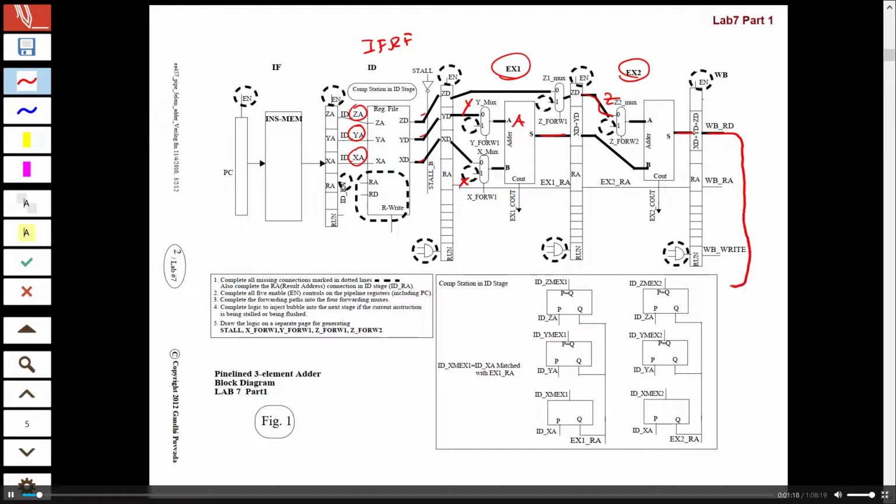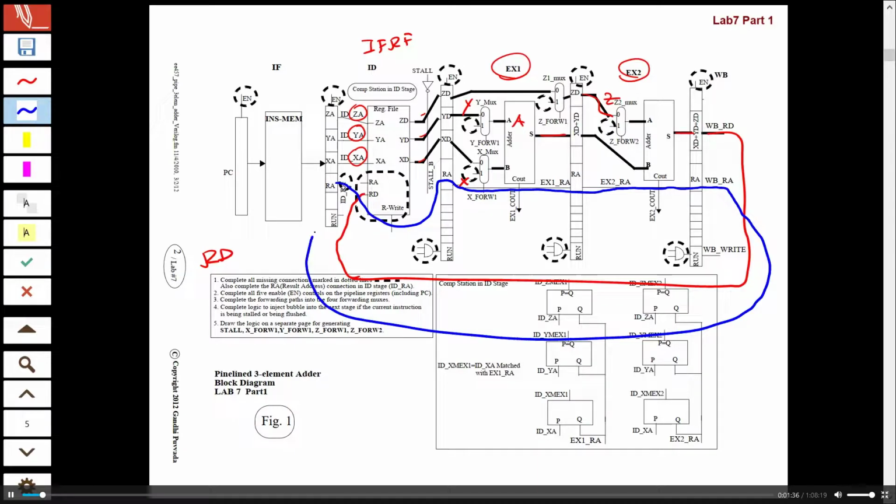The write back result data, RD for result data, is written to the register file at the location; the result address is carried through the pipe and then conveyed as result address.